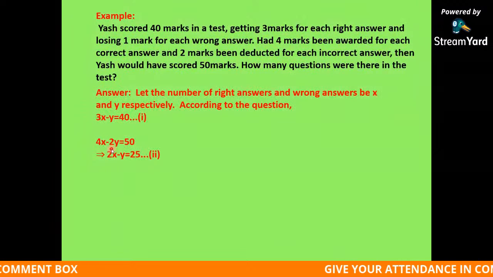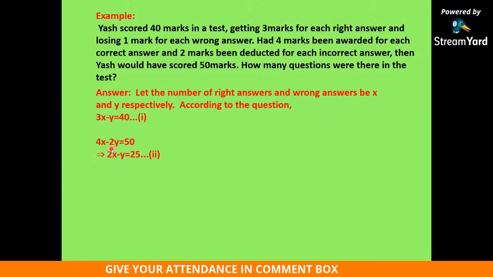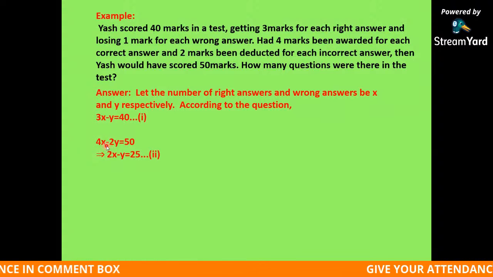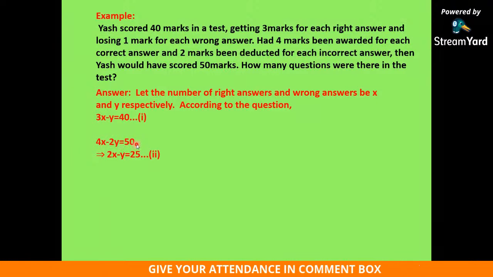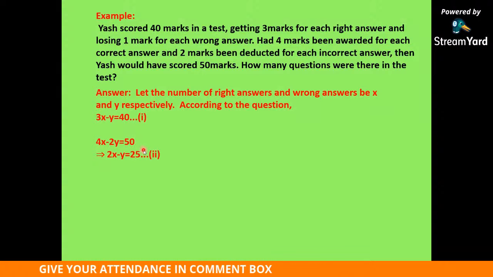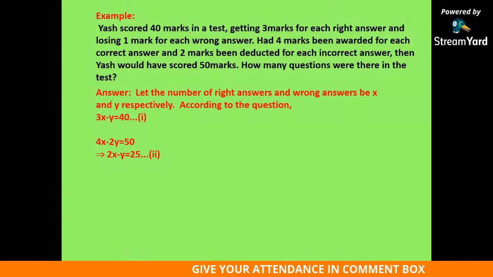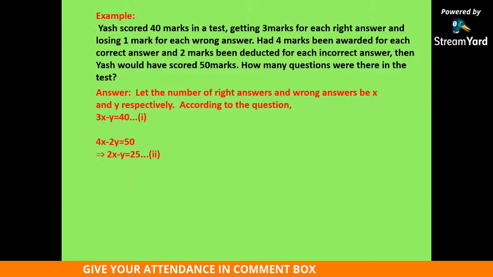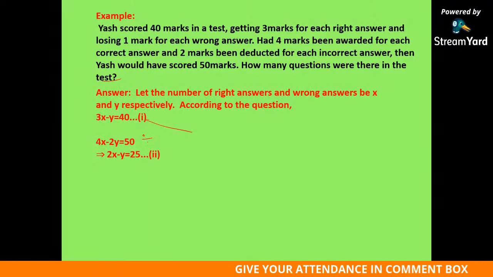Similarly, in the second part, suppose 4 marks were awarded for the right answer and 2 marks were deducted for the wrong answer. In that one also, 4 into x minus 2y, at that time he is getting 50. If you observe this equation, it is a multiple of 2.